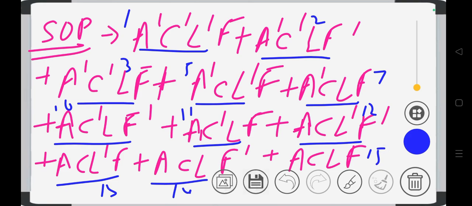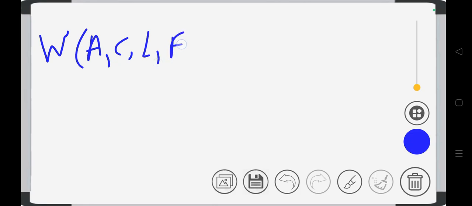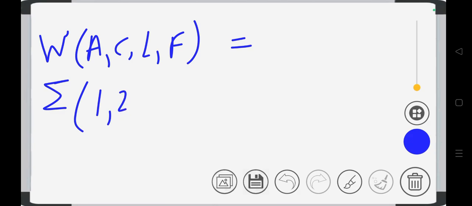Okay, and there is another way how we write it in board exams. We write it as the output W, and the input variables here are A C L and F, and we write it like this, equal to sigma. Sigma symbolizes minterms, right? For SOP it means sum of products. So it's 1 comma 2, all the numbers that I just wrote in the previous step I will be writing down here sequentially.